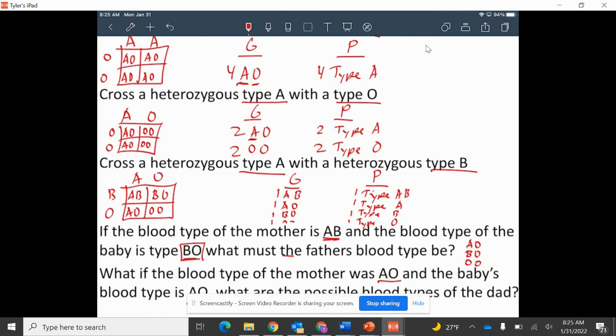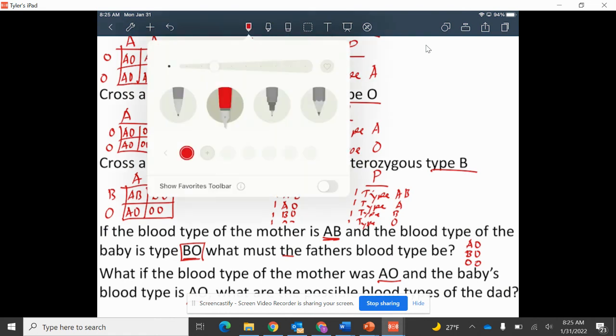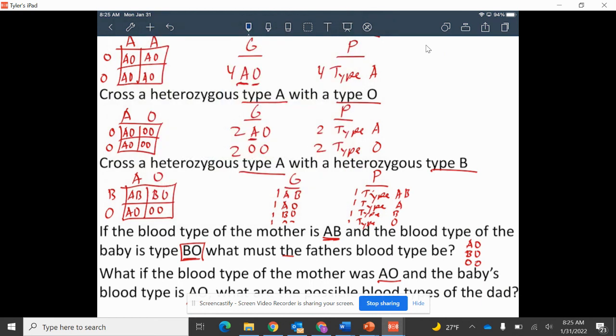I don't have any more room over there, so I'm going to change colors here. So mom is AO and baby is AO, right? What could dad be? Well, he could also be AO.